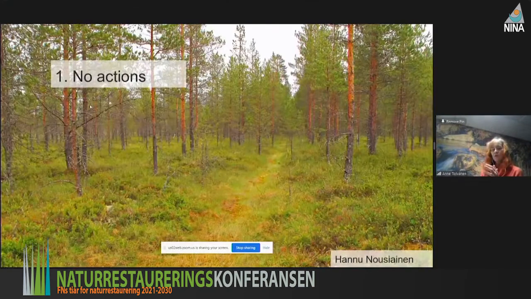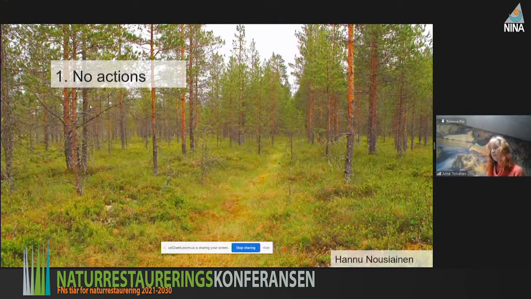So just to show you how the peatlands look in Finland, I have photos of these 7 land use scenarios. This is the present stage of these low productive peatlands. Of course, the status varies depending on the peatland site type, but basically this is how they look. You can see that the timber is not really growing in a profitable way.